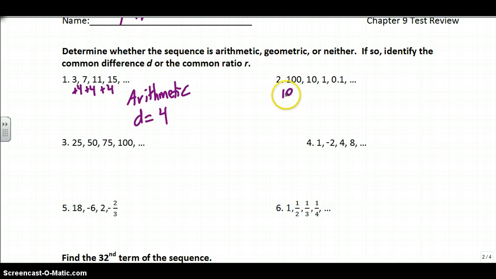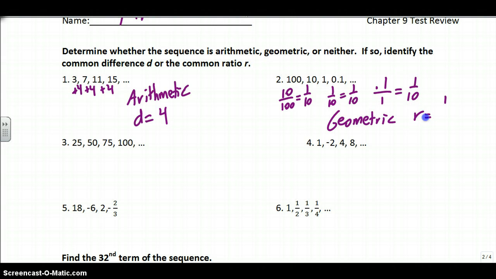So 10 divided by 100 is 1/10. 1 divided by 10 is obviously 1/10. 0.1 divided by 1, quick calculating on your calculator, gives you 1/10 as well. Since they're all the same and you're multiplying by 1/10 every time, it's geometric. What's R? R is 1/10. Remember, D goes with arithmetic, R goes with geometric.